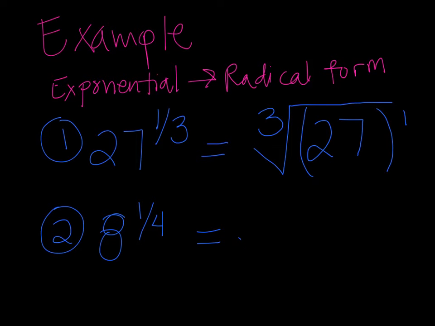Once again, start off by drawing your radical symbol. Your radicand is your base, so we know that 8 is going to go in the radical symbol. It's raised to the first power, which I'm not going to write in here because we know it doesn't change anything. And lastly, my index is 4.